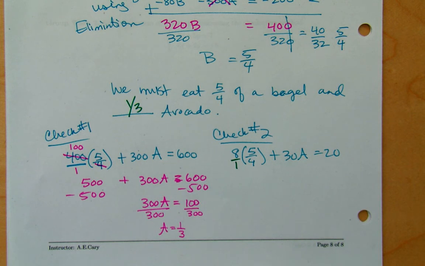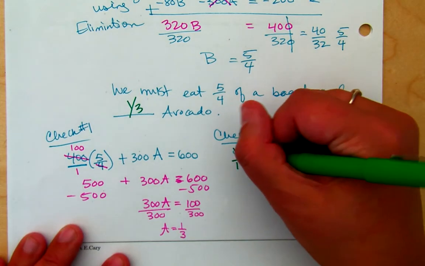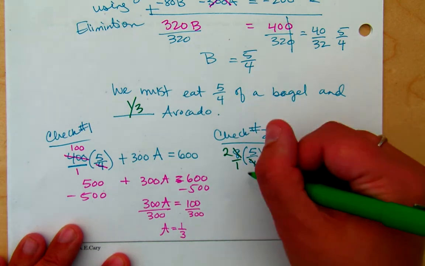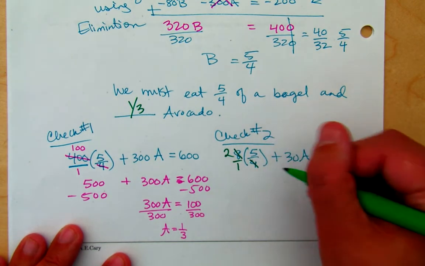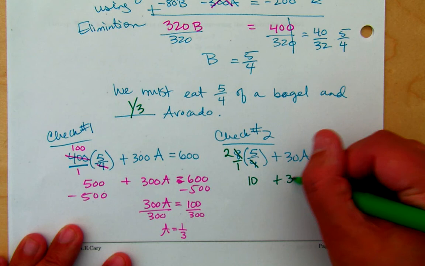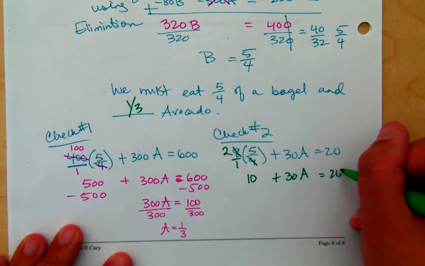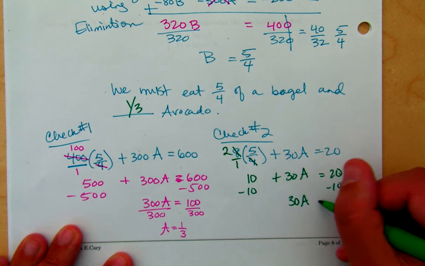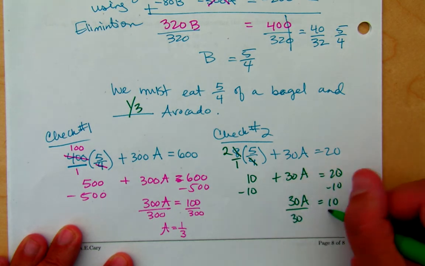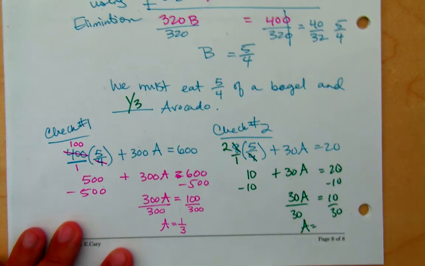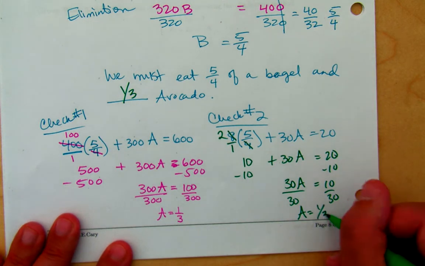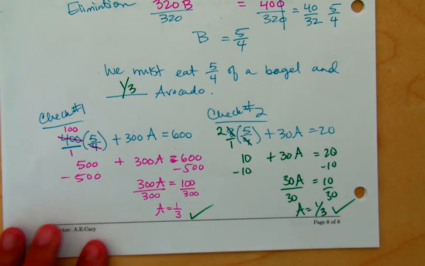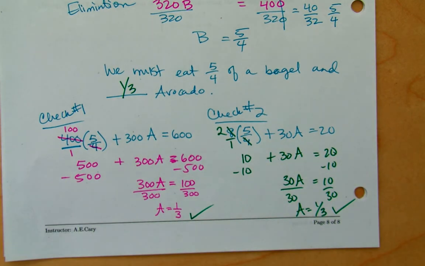Can I cross cancel? 4 goes into 8 2 times, right? 2 times 5 is 10, plus 30A equals 20, minus 10, 30A equals 10, divide by 30, A equals 1/3. If I plugged in the same number for bagel and got the same number for avocado, that means it works.